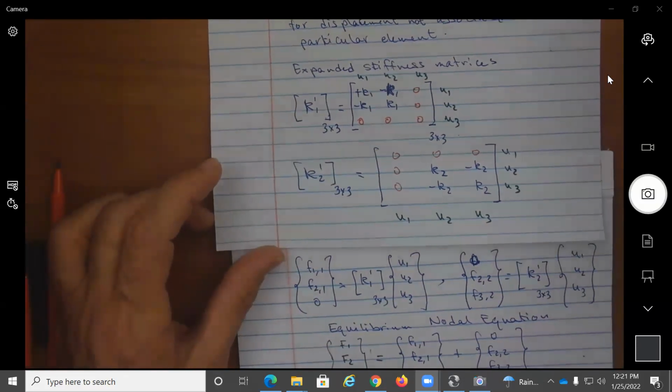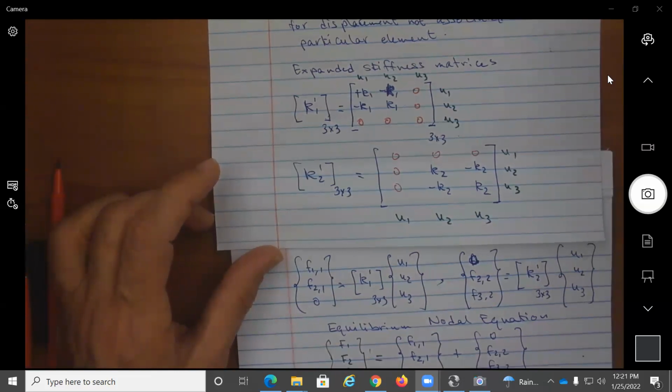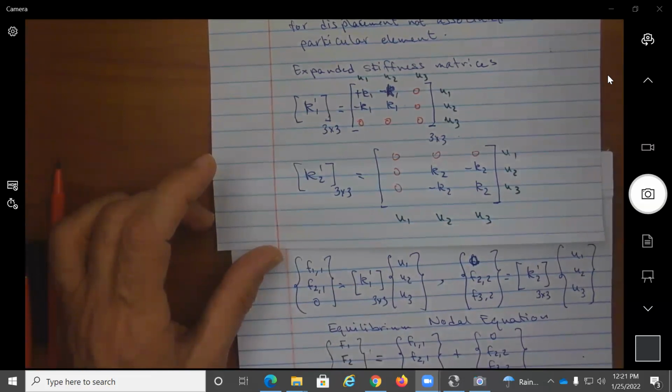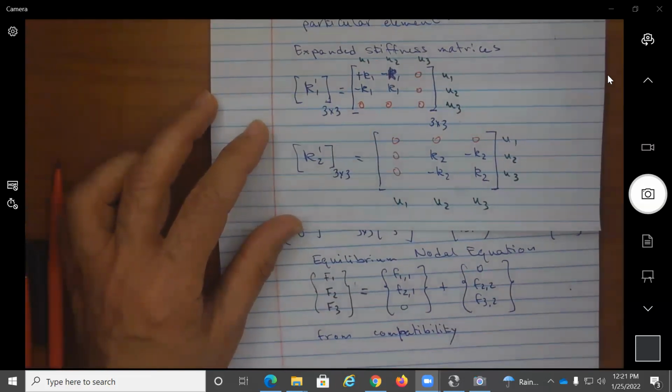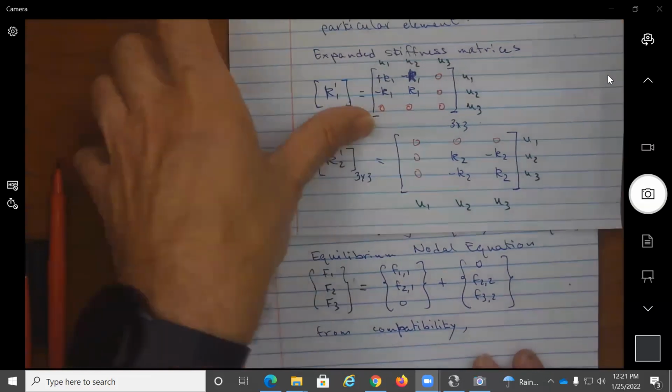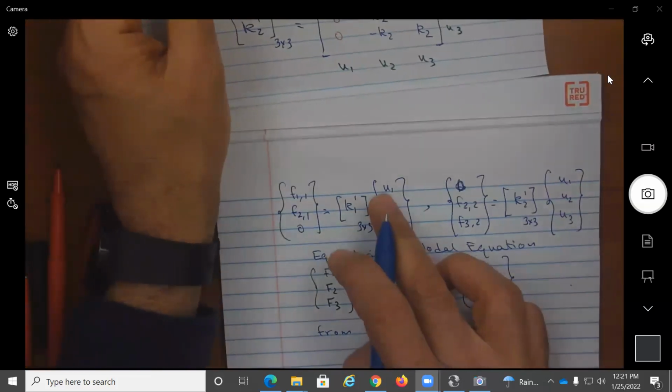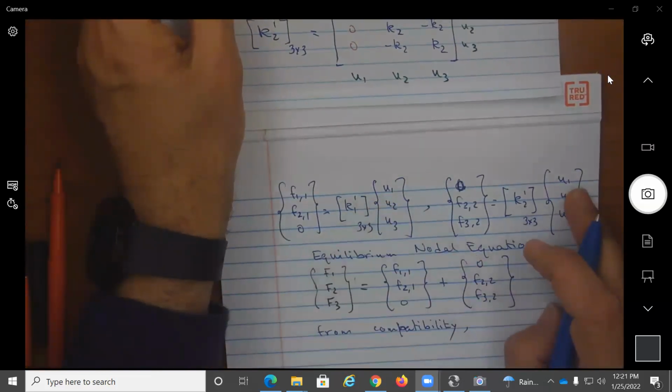From the compatibility we have all these, this U1 is the same as this U1.